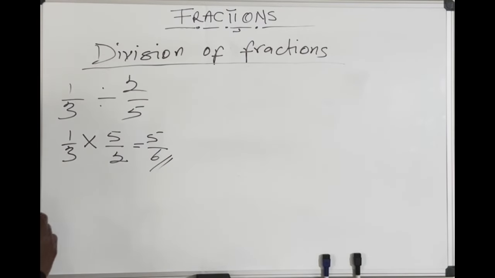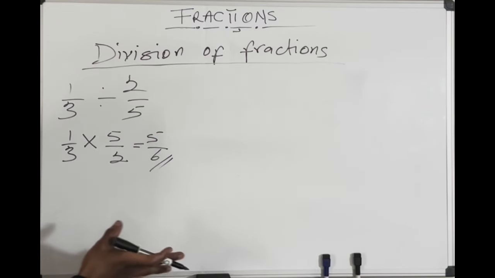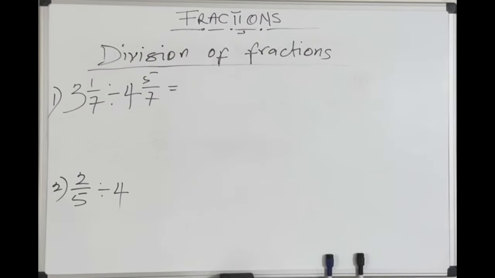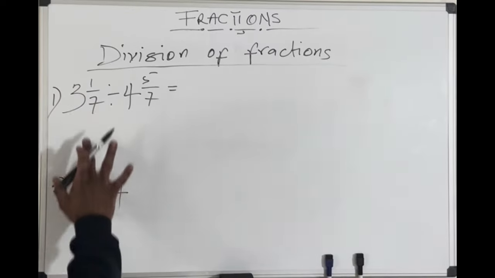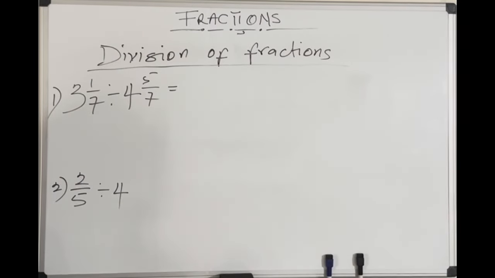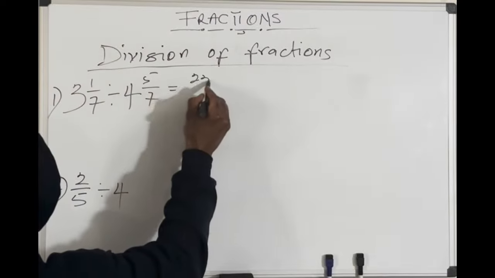Another example. And then also know that whenever you have a mixed number, you need to change it into an improper fraction before you proceed with this method. So we need to change from mixed numbers to improper fractions. So 3 times 7 is 21 plus 1 is 22.